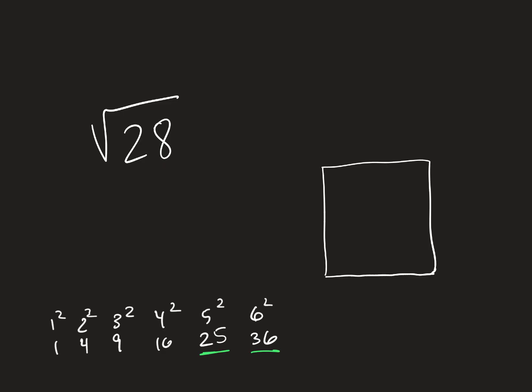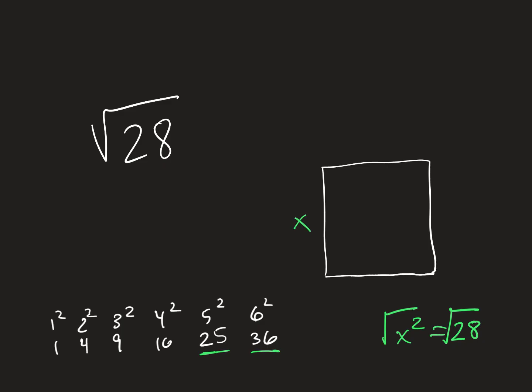So if I were to do this in a calculator, I know that I have x squared equals 28. Whoops, I'm sorry, I messed that up. So let's do that again. X squared equals 28. Something squared equals 28. I would take the square roots of both sides to find out what x is.